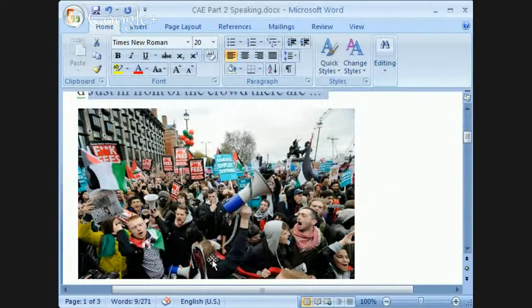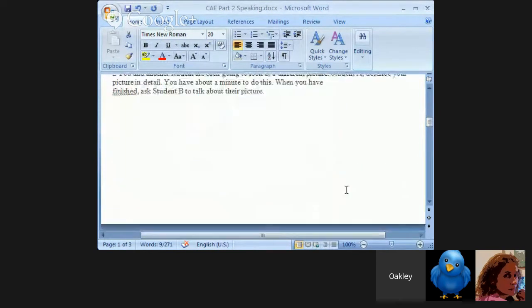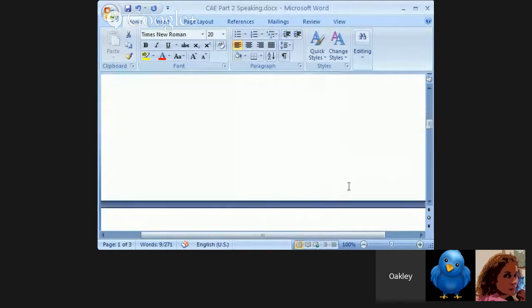What do I mean, picture words? For example, in the foreground, in the background, to the left of the picture, to the right of the picture, in the center of the picture. So you should locate, if you're going to talk about specific elements of the picture, you should definitely be using words to do that. Okay.